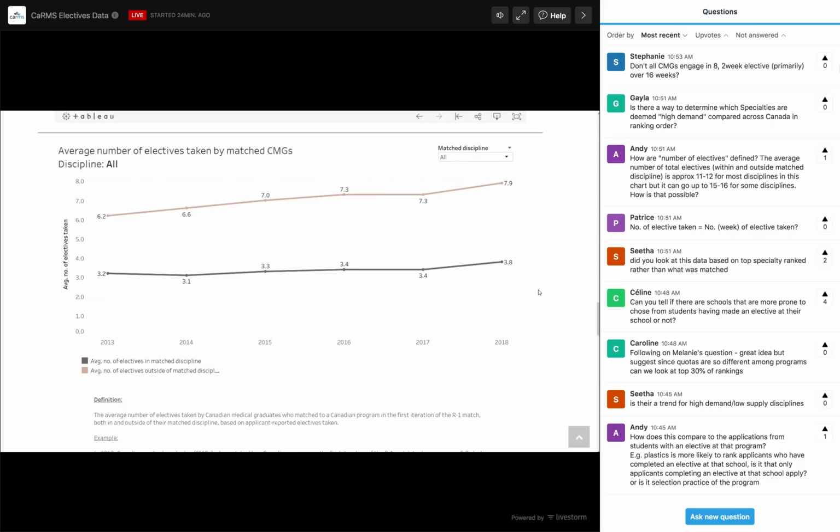So that's the definition of high demand. I couldn't tell you what slide number it is, but it's in there, and it'll give you a full list of those considered to be high demand.